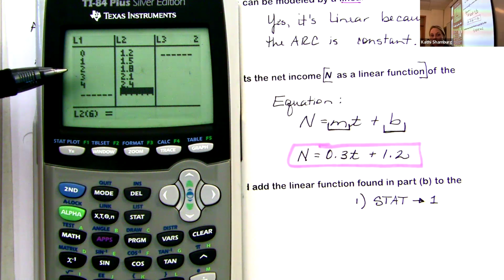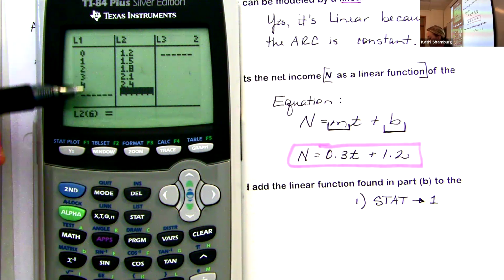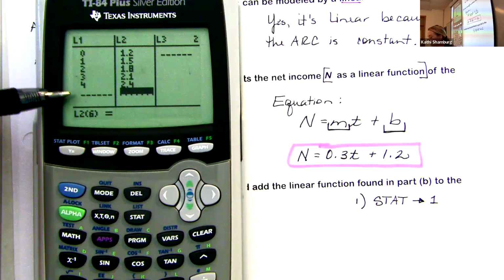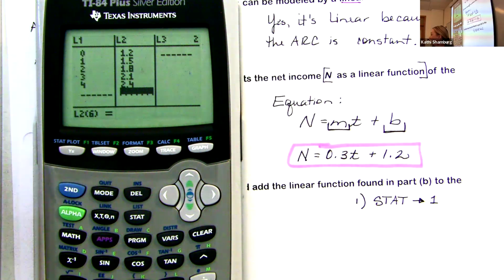Because I had a student in my earlier class that theirs wasn't graphing, and we looked and they had accidentally put a 5 in there. So they had an additional number in list 1 that they didn't have in list 2, and it messed up when they tried to graph. Okay. All right. So we put all those numbers in.